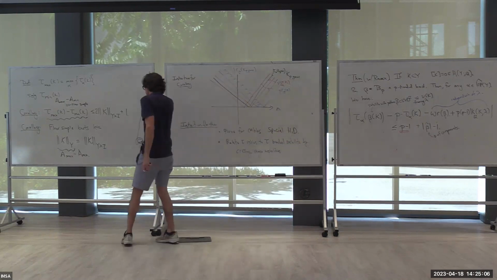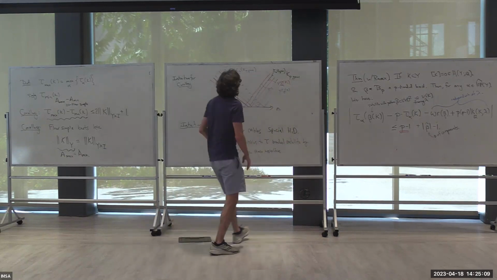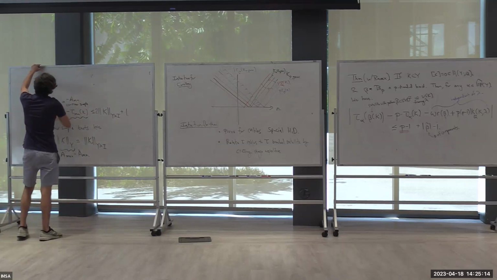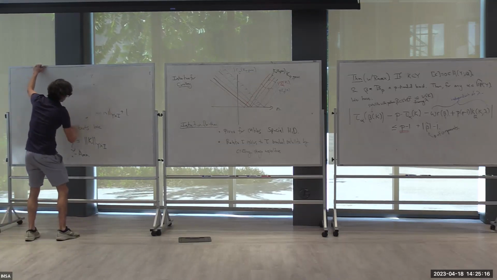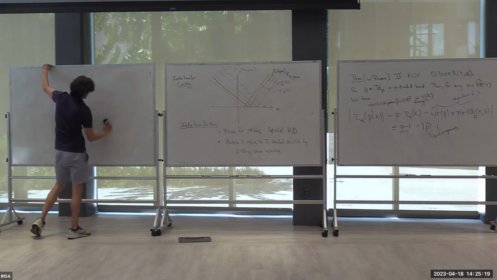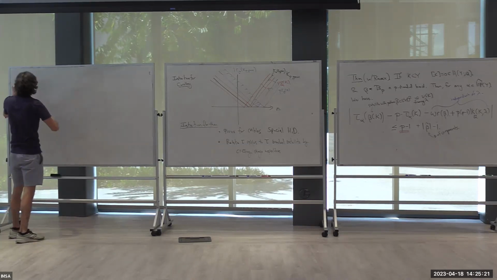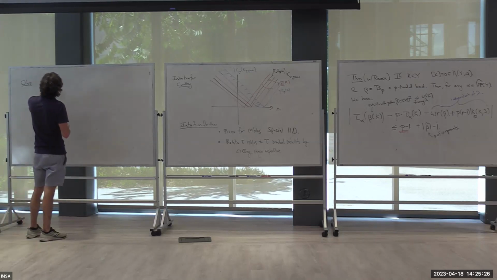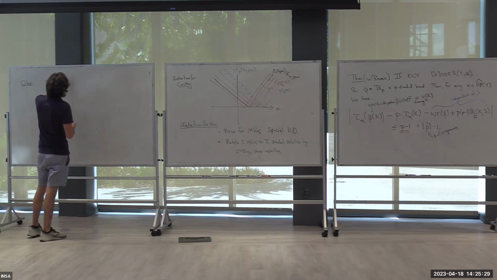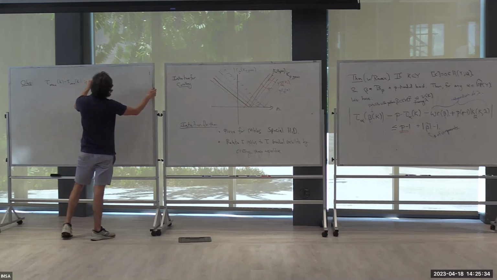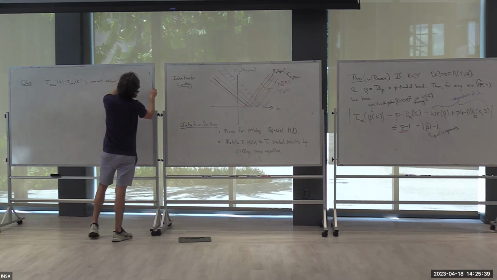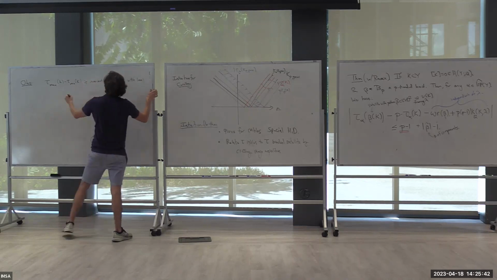Okay, so I just want to conclude with the observation that this difference, tau max minus tau min, is invariant under connect summing with local knots, with knots in the three-sphere.